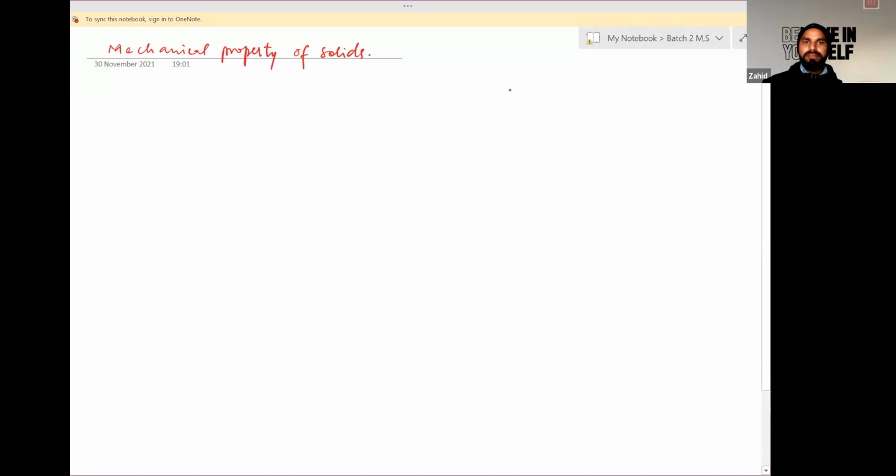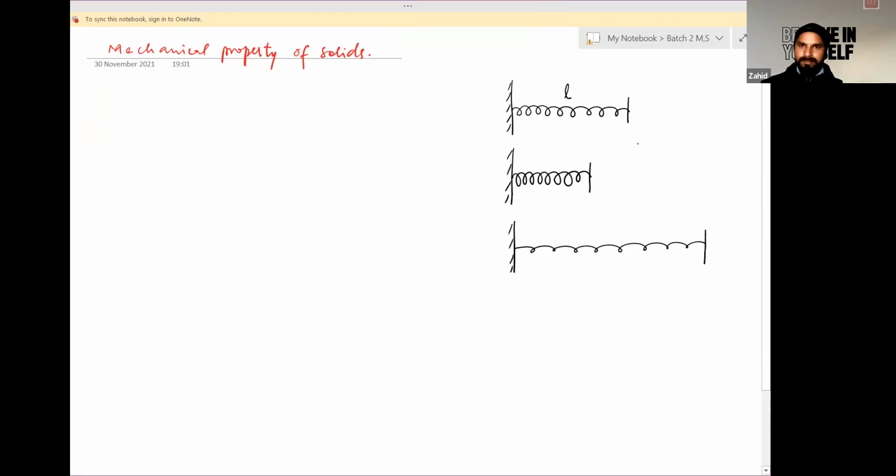First, suppose you have any support from which a spring is connected having length L up to this point. Now, if you apply any deforming force to this particular spring to stretch it or compress it, it will become like this, or it will be like this.